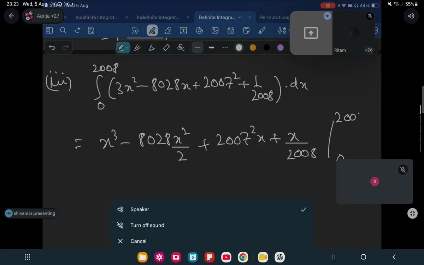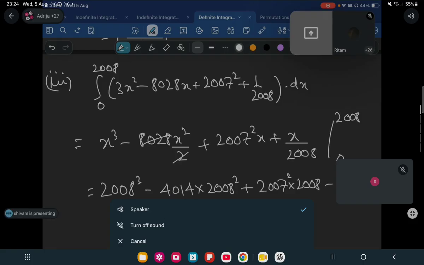Wait a minute. Okay, seems like it will become a perfect cube. Let's see. This will become 2008 cube, minus 4014 into x square, that is 2008 square, plus 2007 square into 2008 plus 2008 by 2008, that will become 1.